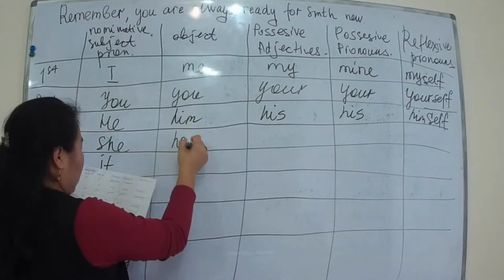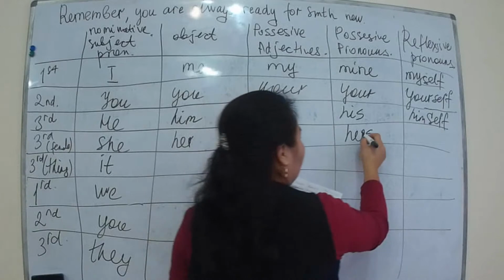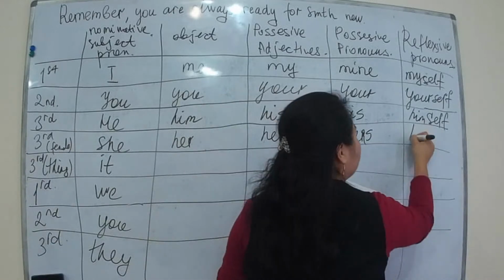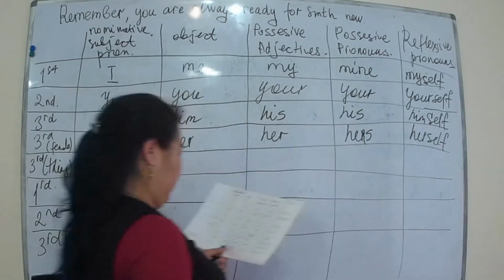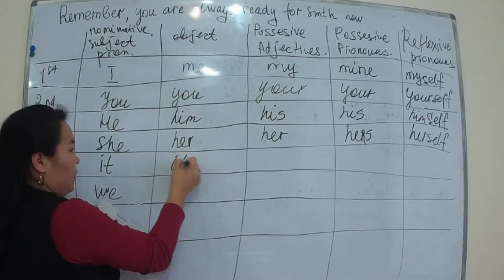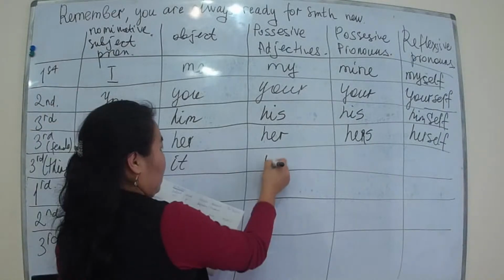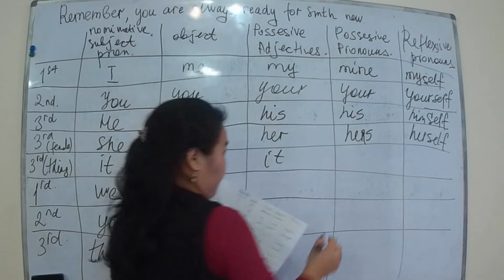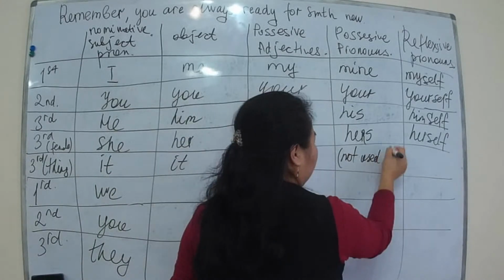She, her, hers, herself. The next, it, here not used, and here itself.